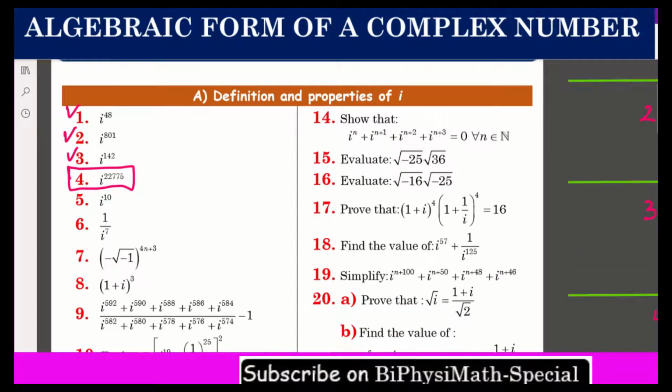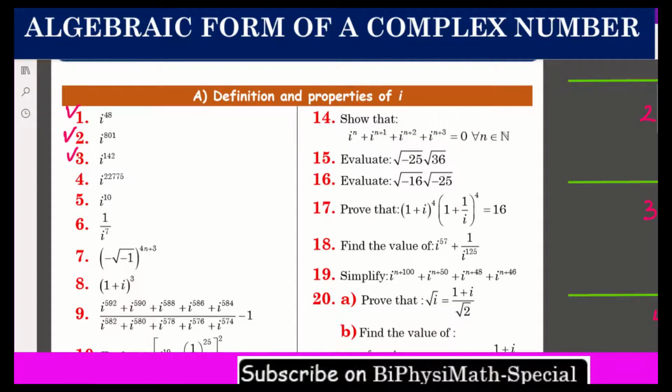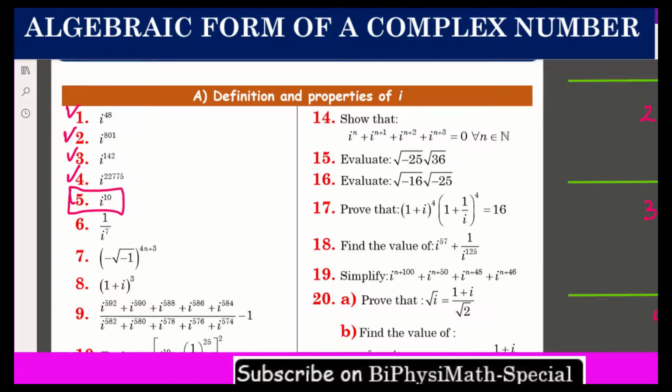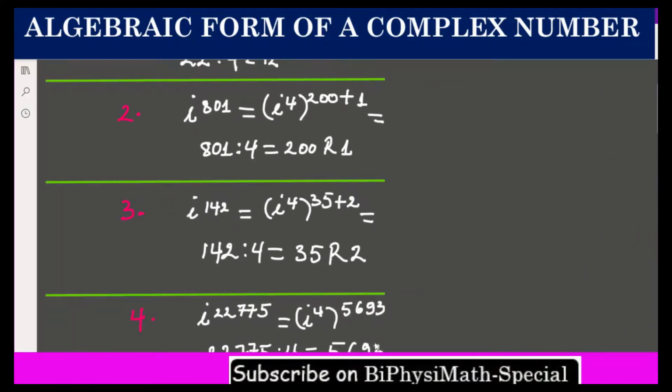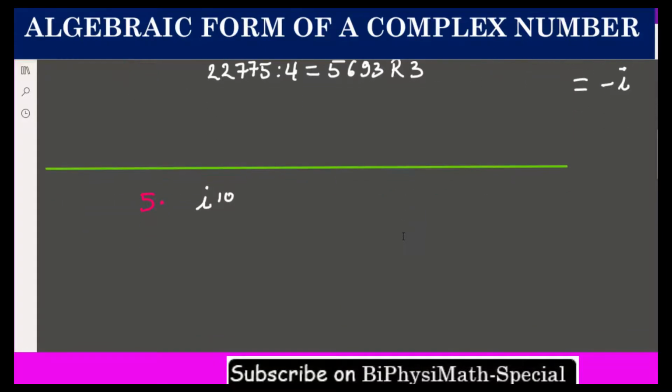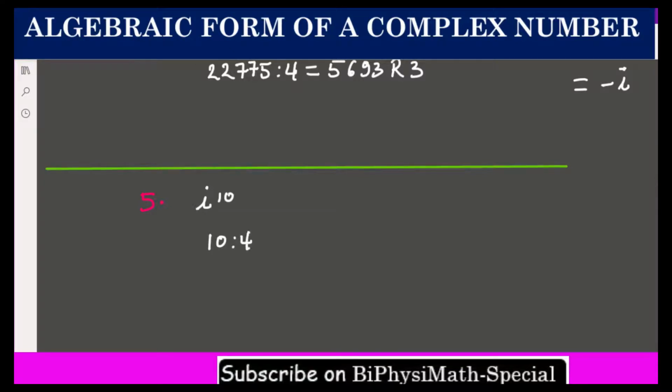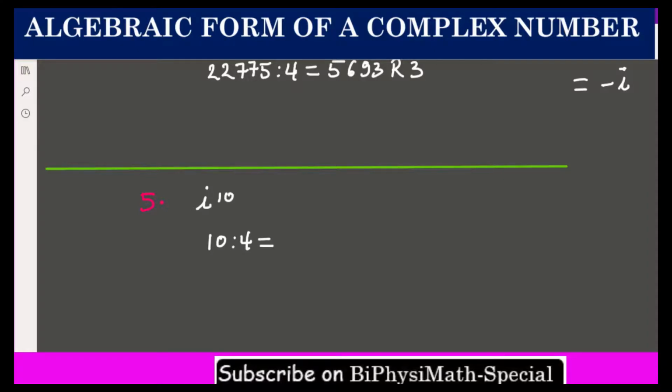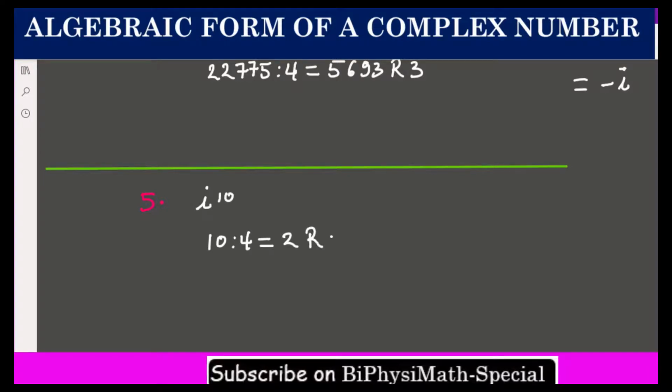Now problem number 5. Ten divided by 4, we get 2, remainder 2.